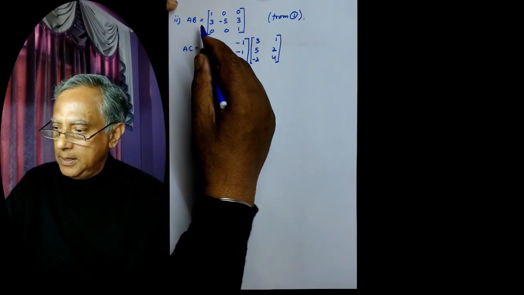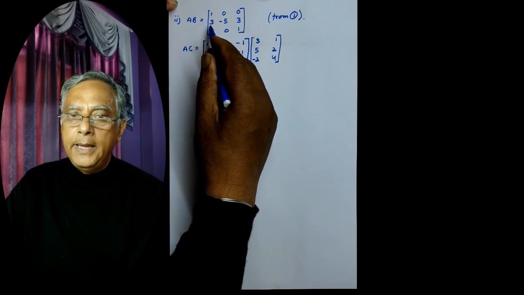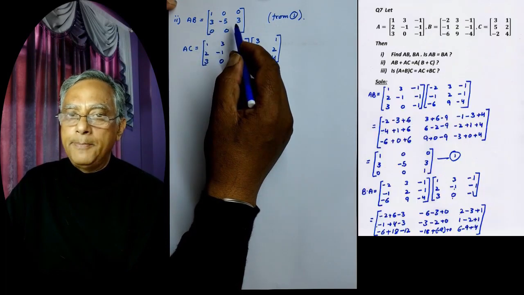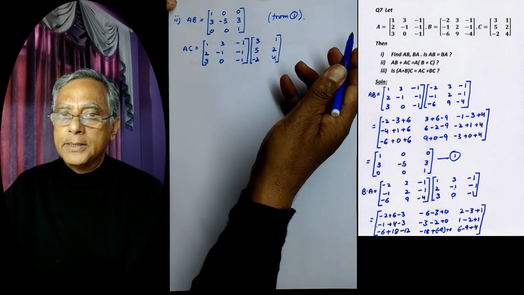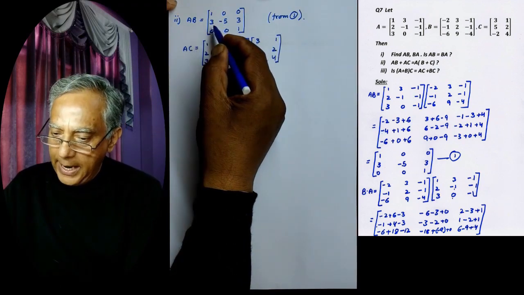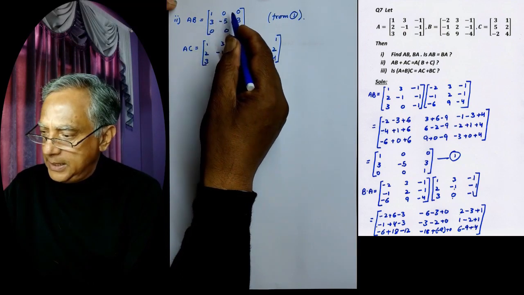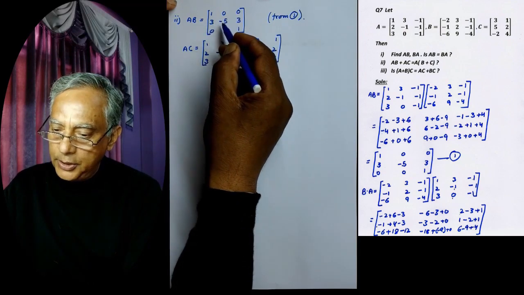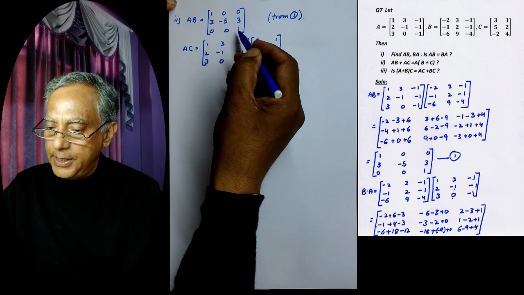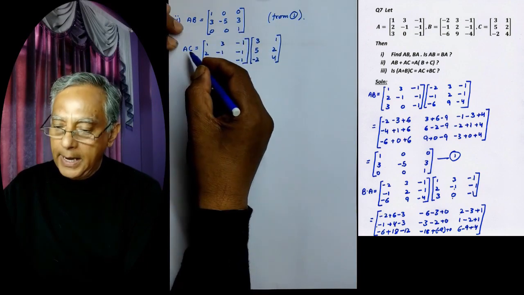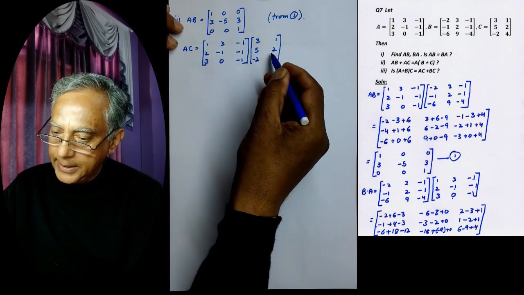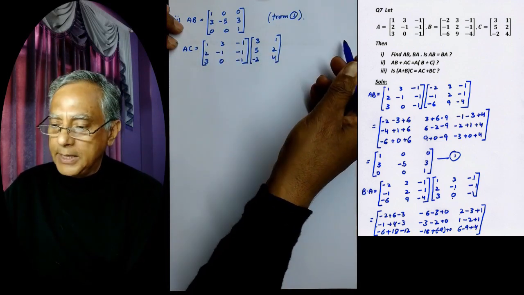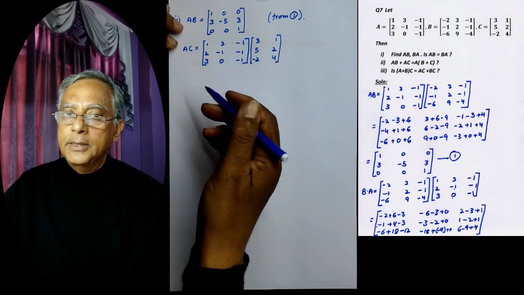Now next part is we have to prove AB plus AC is B plus C. You can see the statement on the side sheet. So AB from first equation is 1 0 0 3 minus 5 3 0 0 1, and AC we will have to find. A is this much and C is this much.